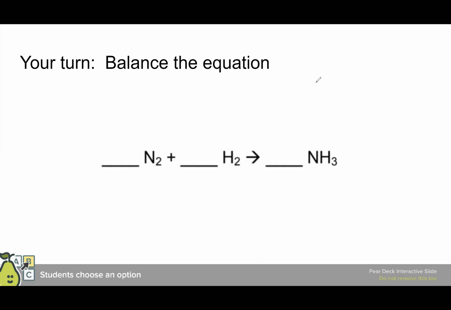Okay, so let's try this one. What are my steps again? My steps are 1, to write the elements on the left.